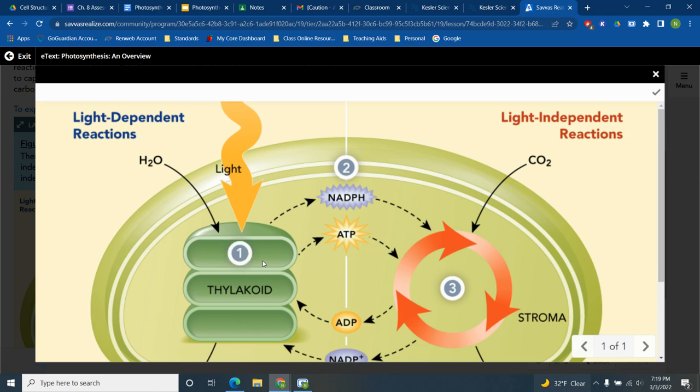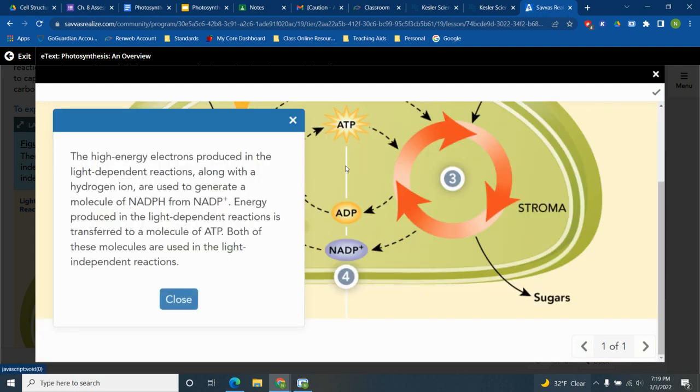So in this process, we have the NADPH and the ATP that is created. The NADPH came from the NADP plus and the hydrogen plus, and then they combined to hold those really high energy electrons that are then carried over here.